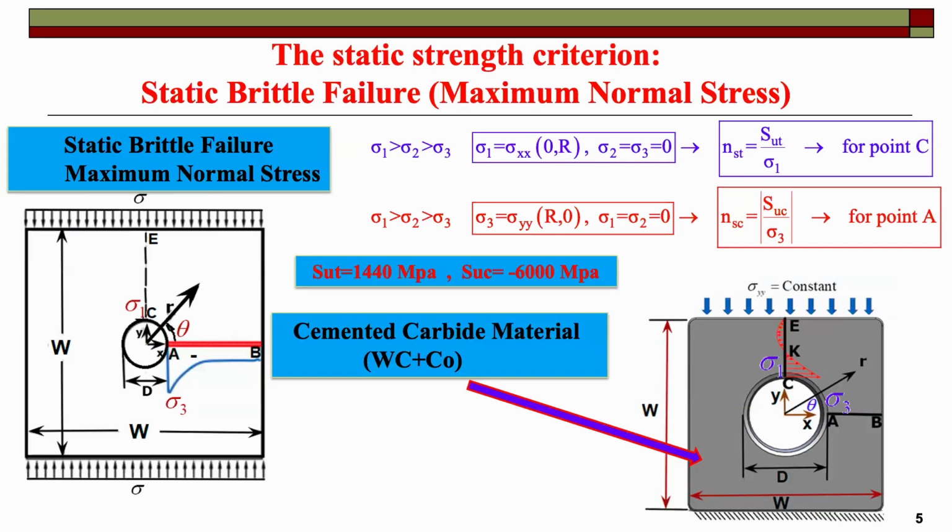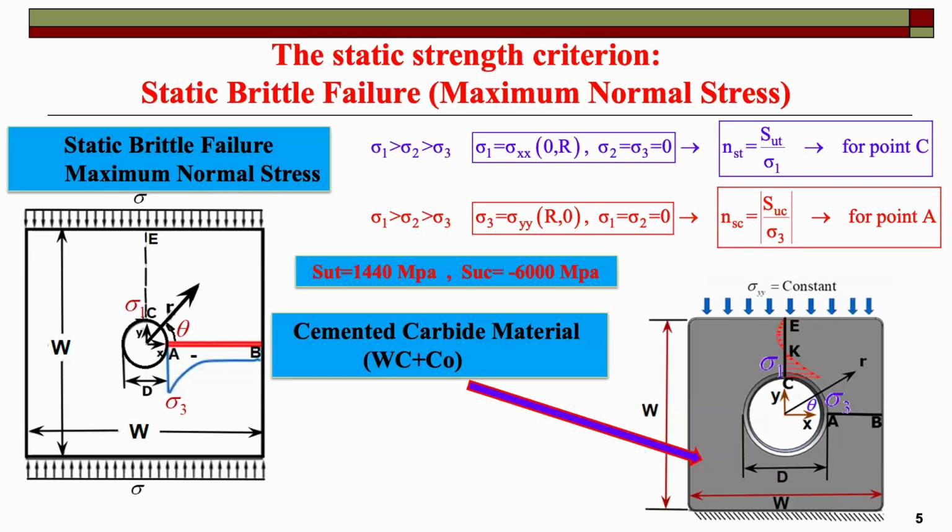So the first criterion was the strength. It is a brittle material, so there is no yielding point, and the ultimate tensile strength is less than the ultimate compression strength. This is the value for brittle materials. And this is the profile of the normal stress along the vertical symmetrical line CE.